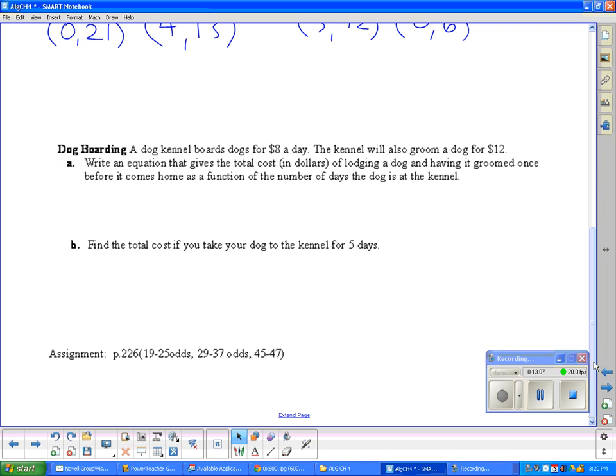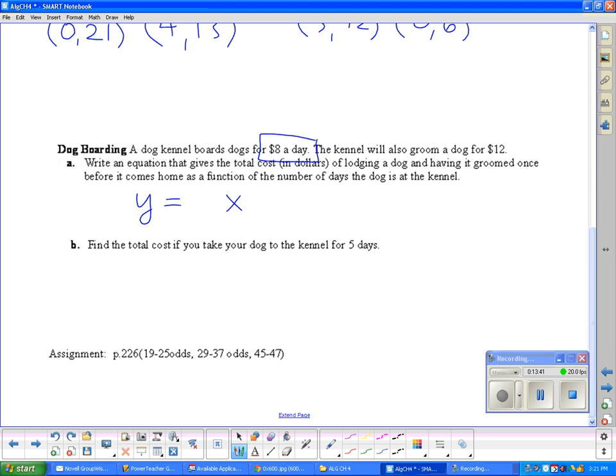So here's what it's going to be. The part that changes is the part that's going to be the number in front of the x. So what is this number? Well, let's take a look at what we have. It says a dog kennel boards its dogs for $8 a day. Whenever you see words like a day or per hour or per mile or something like that, that's a clue that it changes over time or over something else.